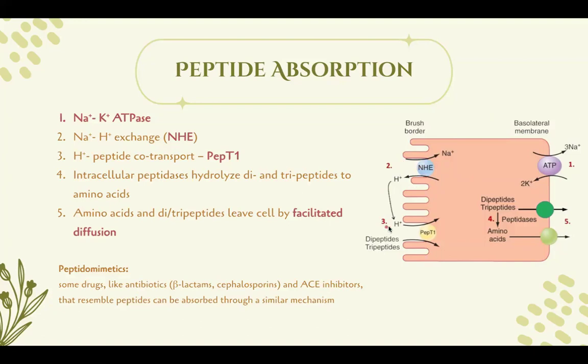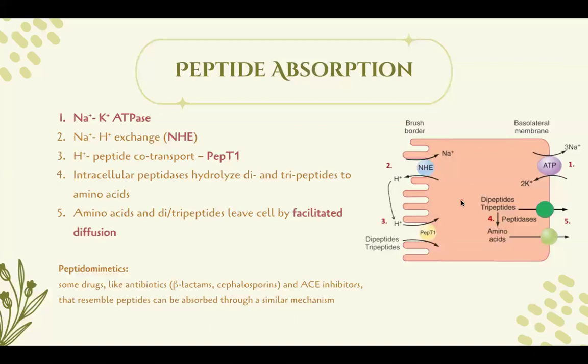Why do we need that? Because the transporter that will take up the peptides is called PepT1, and this time it needs hydrogen instead of sodium. So it needs the flow of hydrogen into the cell so that hydrogen flowing in can drag the di and tripeptides with it.